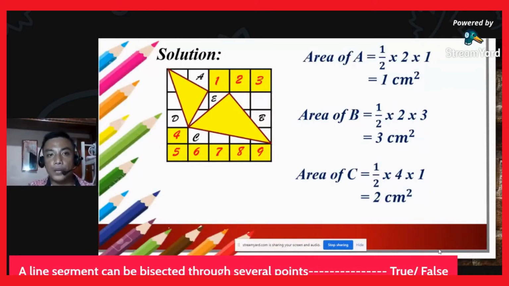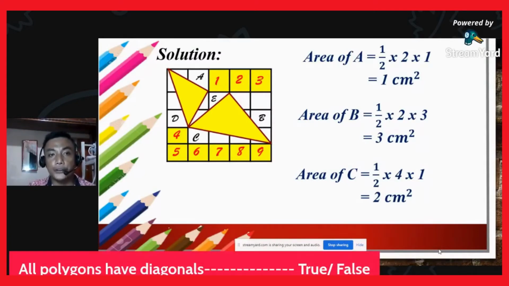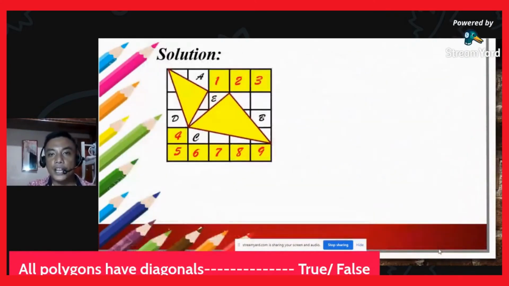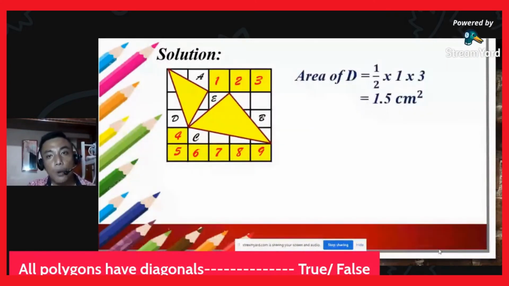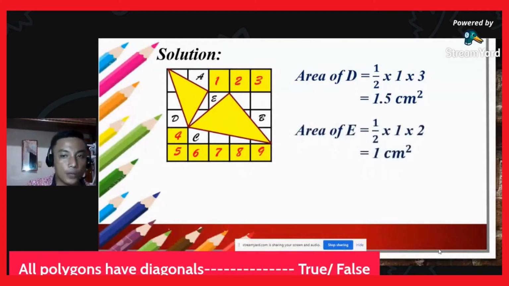We're not yet done. We're going to compute the area of triangle D and triangle E. For triangle D, it is 1/2 times 1 times 3, which gives us 1.5 square centimeters. And for the area of triangle E, it is 1/2 times 1 times 2, which is equal to 1 square centimeter. Are we now ready to compute the area of the shaded region?